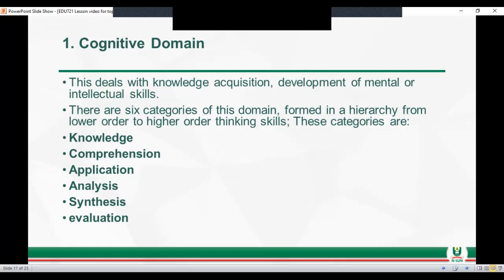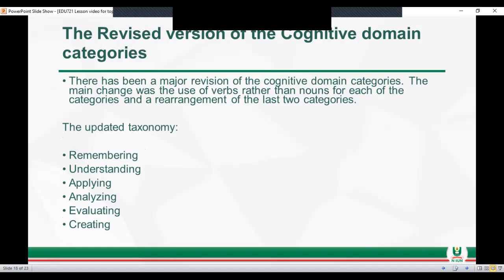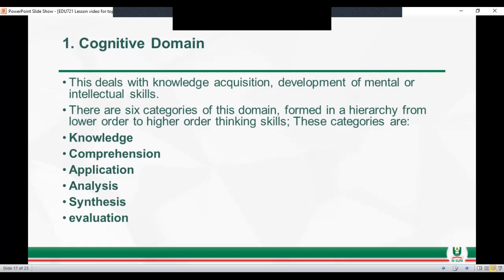It is worthy to know that this cognitive domain has been revised. It has been revised to account for 21st century needs. The main change that occurred has to do with the use of verbs rather than nouns. For instance, look at the one we said: knowledge, comprehension, application, analysis, synthesis, evaluation.